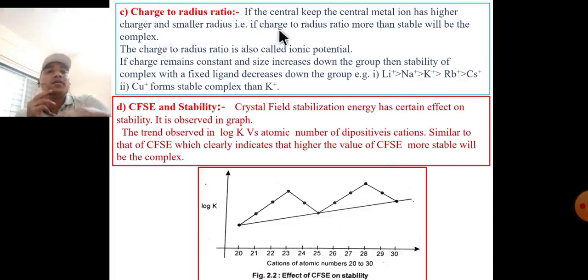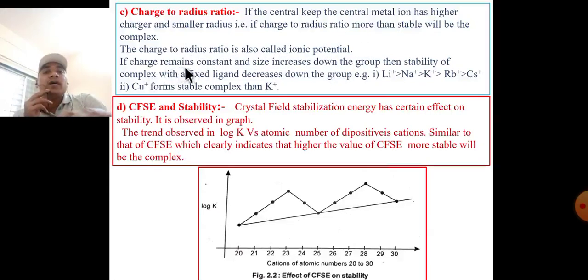Third, charge to radius ratio. If the central metal ion has higher charge and smaller radius, that is, if the charge to radius ratio is more, then the complex will be more stable. The charge to radius ratio is also called ionic potential.